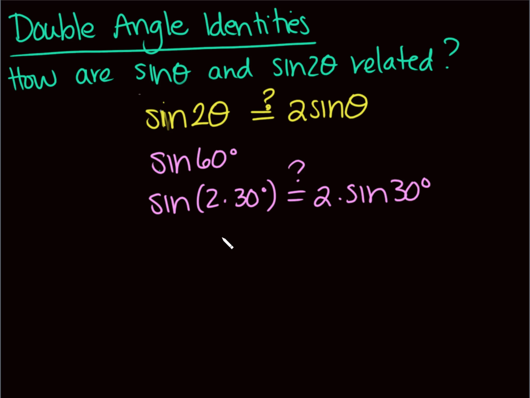Well, I don't think so, because what do we know? We know that the sine of 60 is root 3 over 2, and we know that the sine of 30 is 1/2, and unless something changed last night while I was not sleeping, root 3 over 2 is not equal to 1. So it's not going to be as simple as just taking the sine of an angle and then multiplying it by 2.